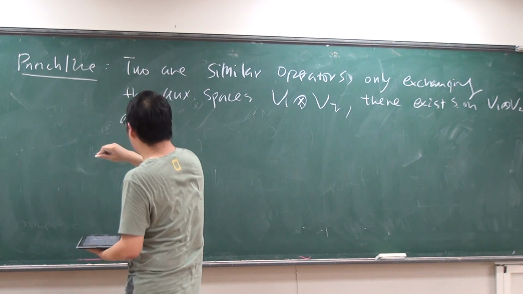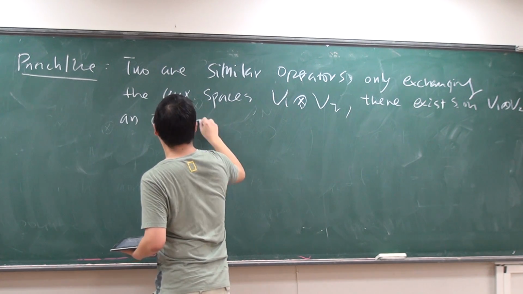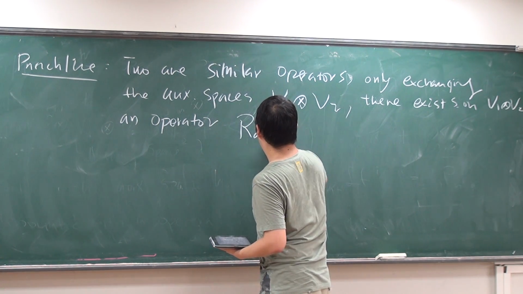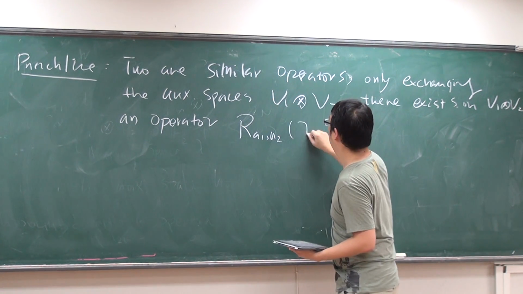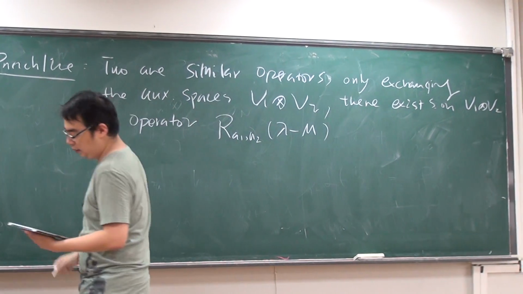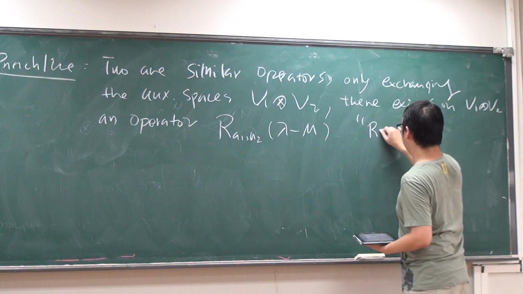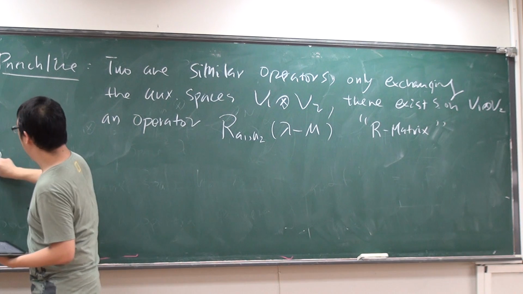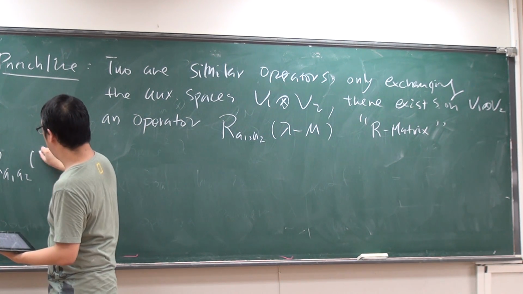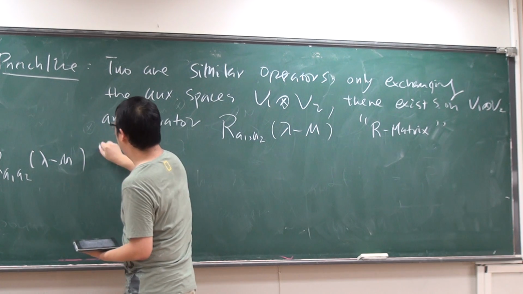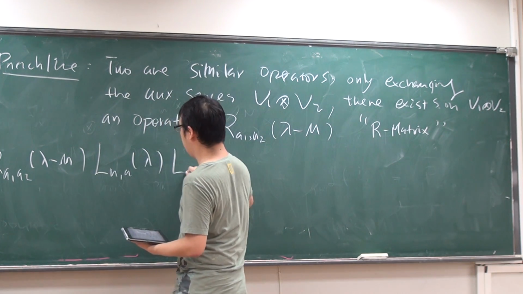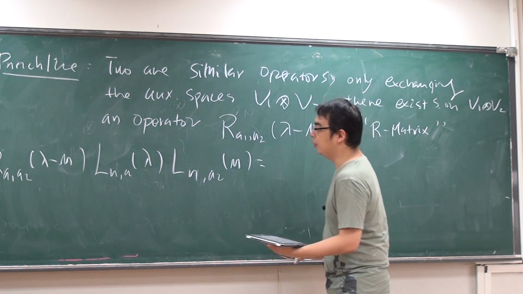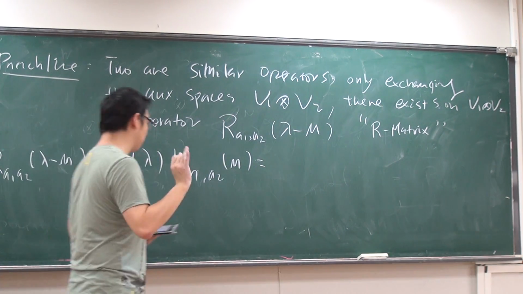And in fact, this is a quantum mechanical analog of the R matrix, which I was telling you about on Tuesday. Basically, it goes something like this. So this is sometimes called the R matrix, such that R A1 A2 (lambda minus mu) L nA1 (lambda) L nA2 (mu) is actually equal to, well, okay, I'll draw a diagram, then that will be very clear.